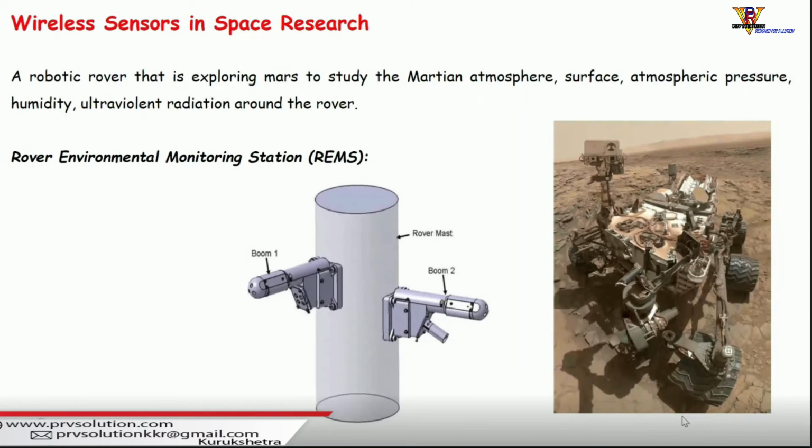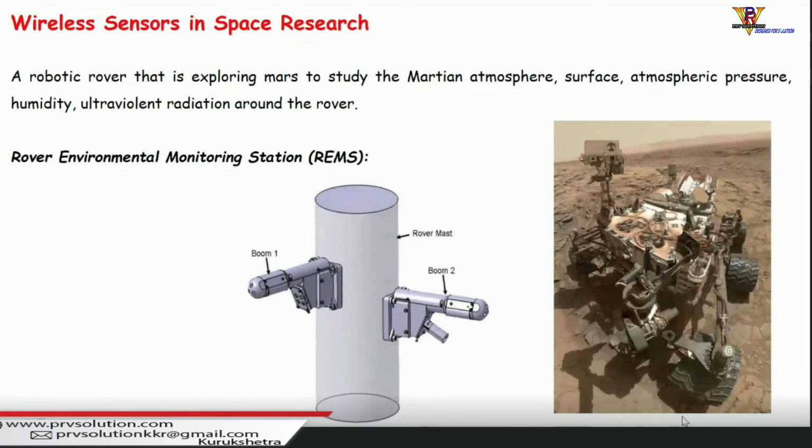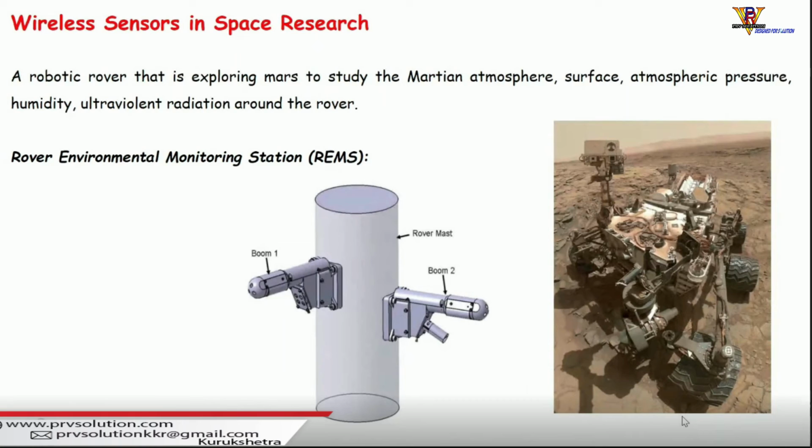So we will discuss the rover environmental monitoring station. That is a wireless type of sensor network which may be used for a particular type of space research.